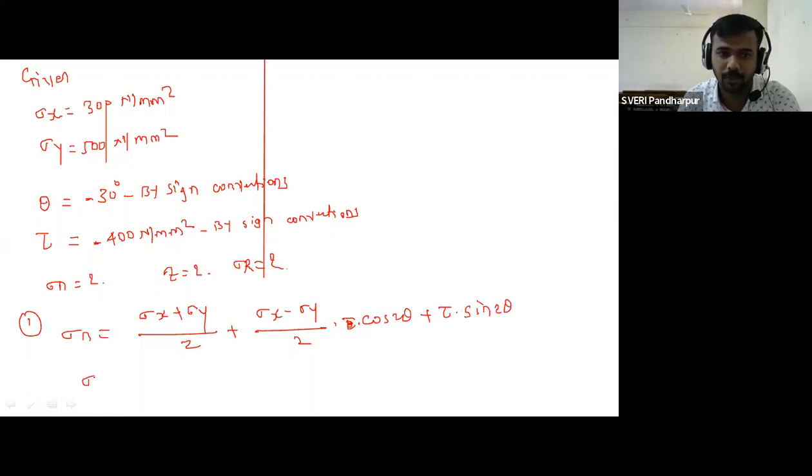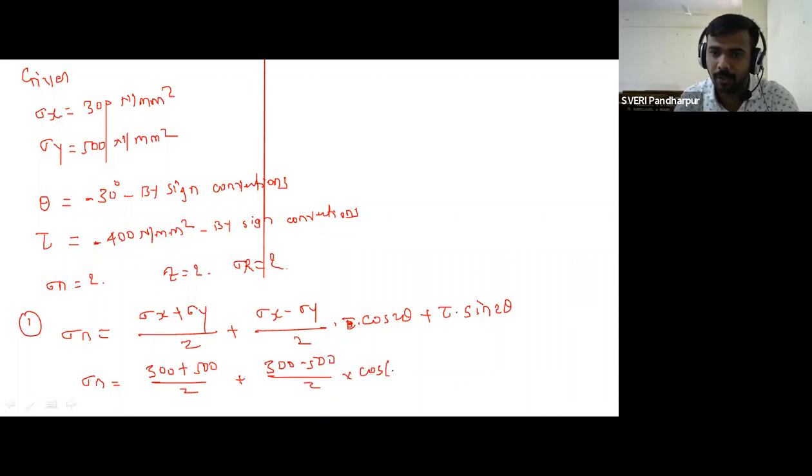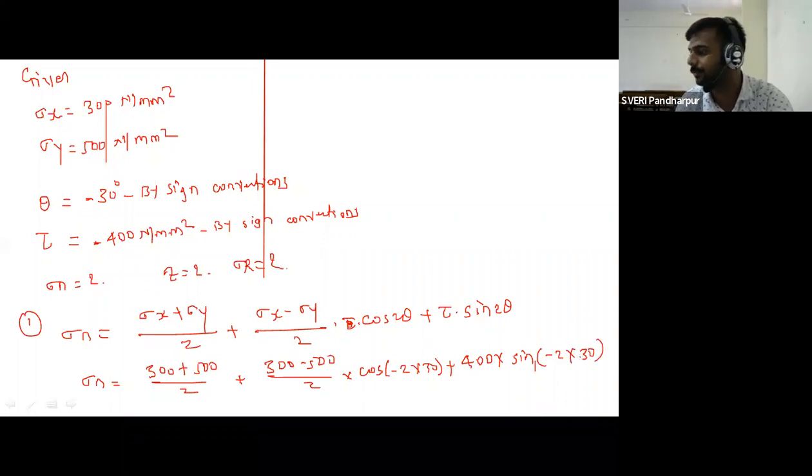So put the values: (300 plus 500) divided by 2 plus (300 minus 500) divided by 2 multiplied by cos of minus 2 into 30, plus tau 400 into sin of minus 2 into 30. That means it becomes minus 60.